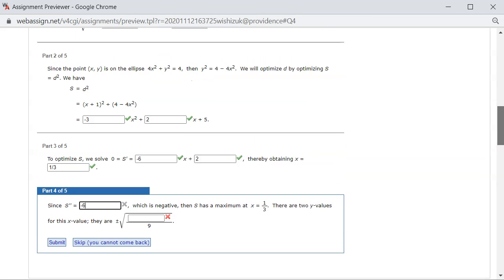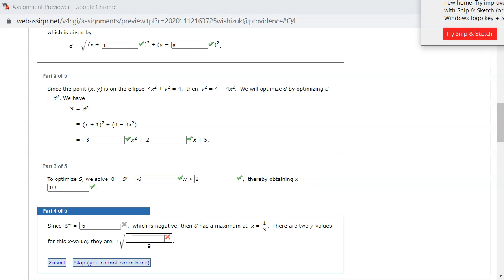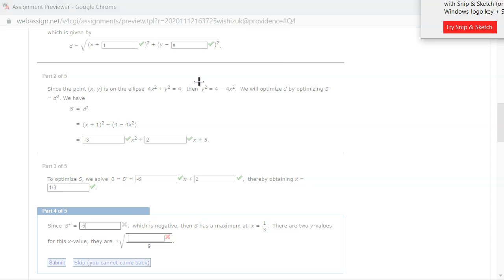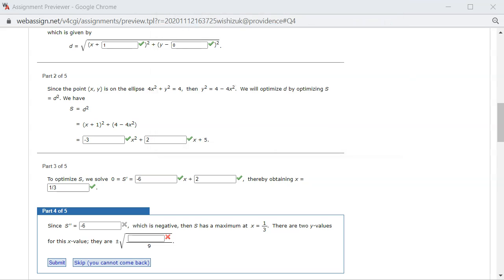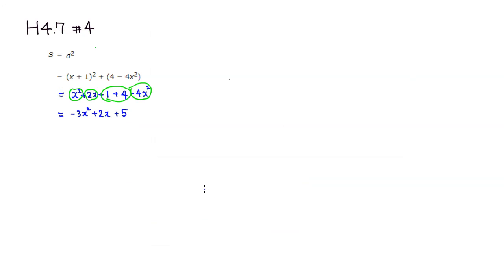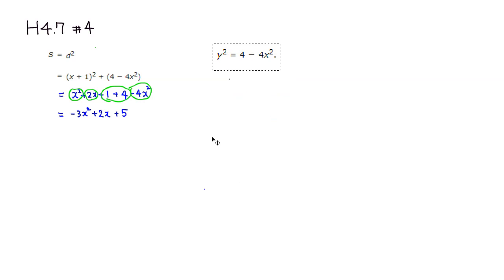And what was the y equation? Here's the y equation, so let's copy that expression and solve it.